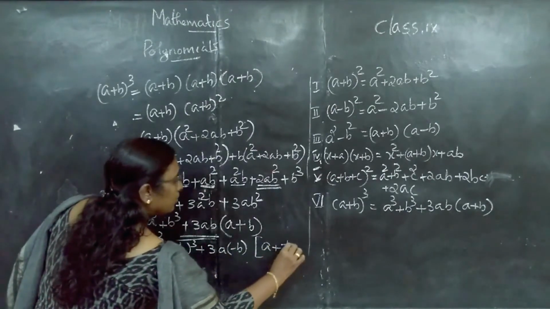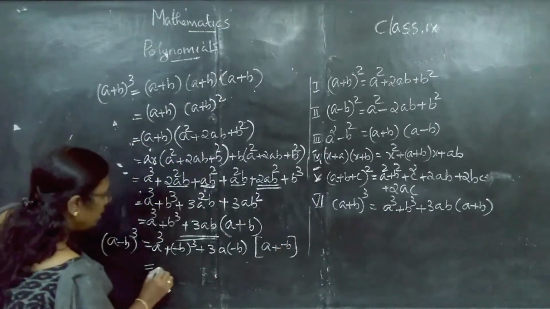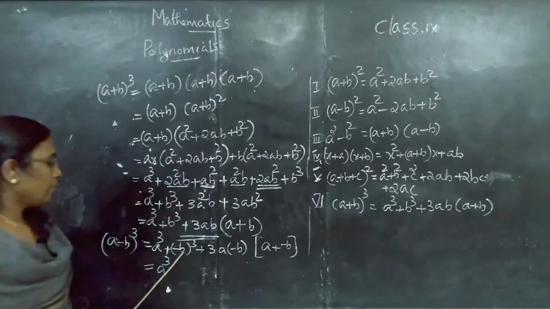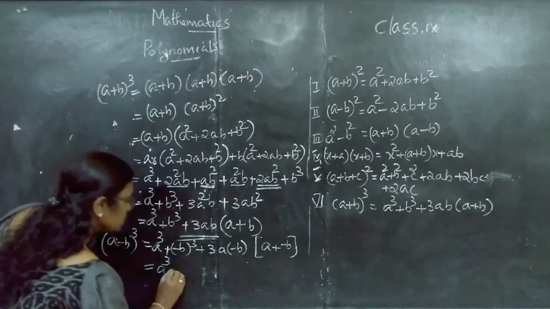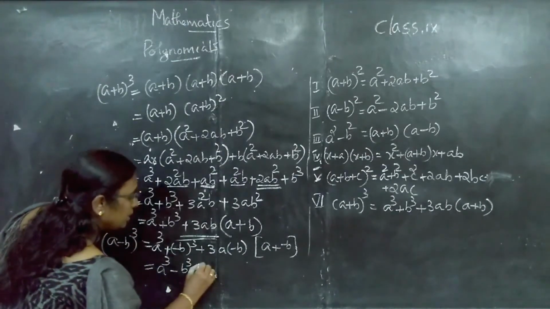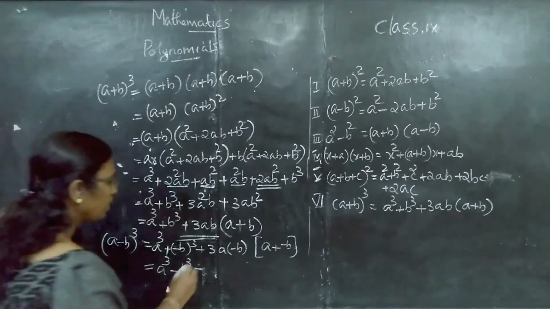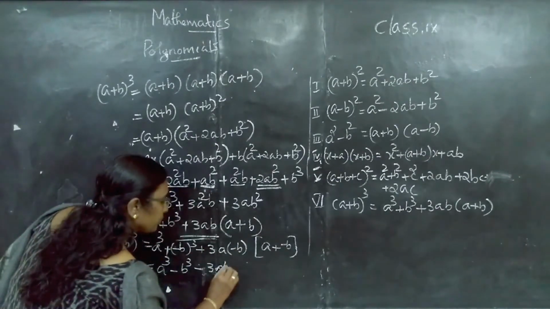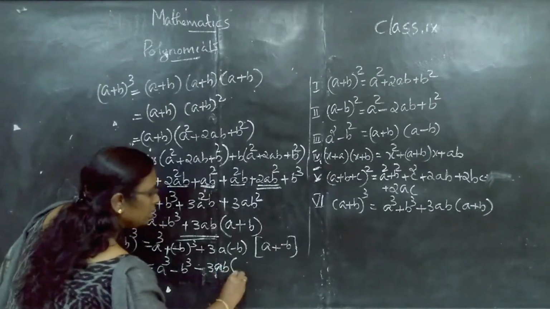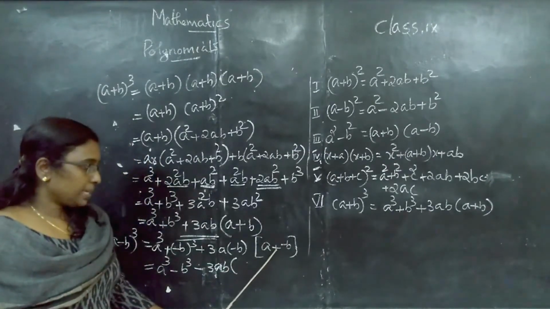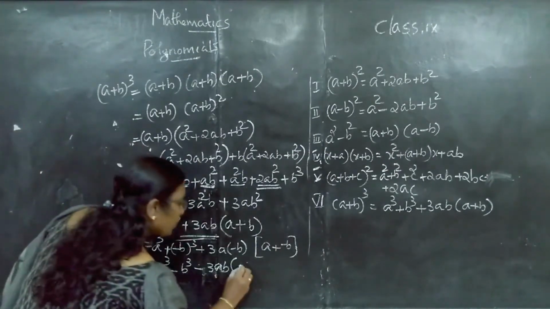Equal to a cube. Minus b the whole cube is minus b cube. Plus here, 3a into minus b is minus 3ab, into a plus minus b, that is a minus b.